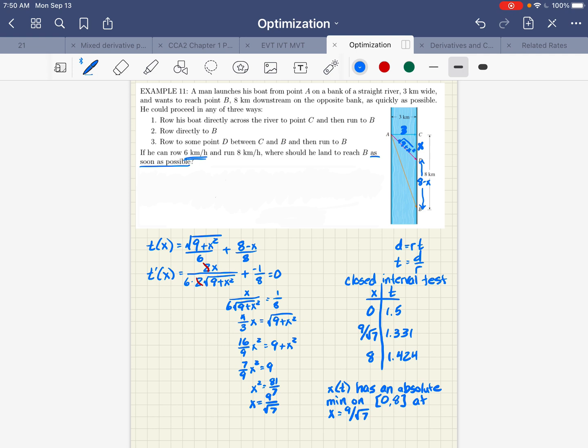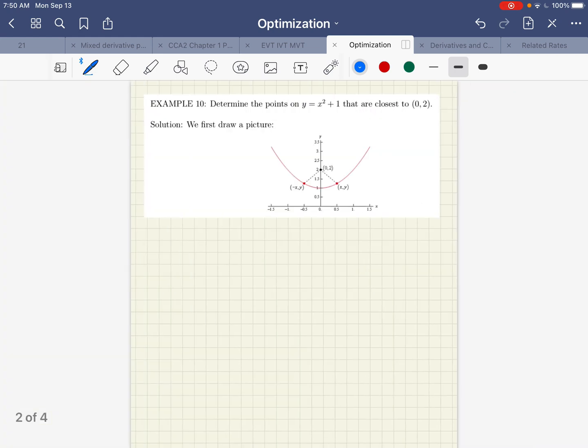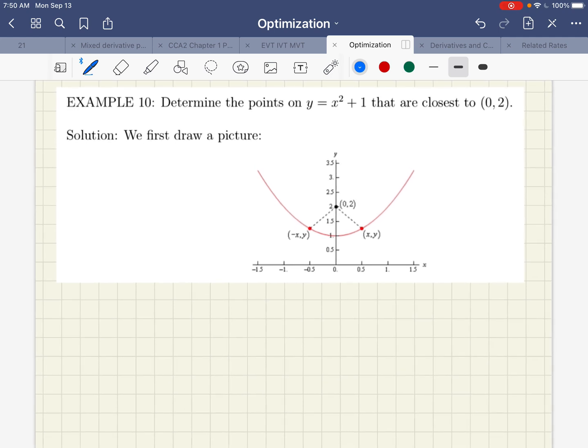All right. Make sure you note down if you had any questions while watching that example, and let's look at another. Okay, so this is another kind of classic optimization problem where we're minimizing a distance from a point to a curve.